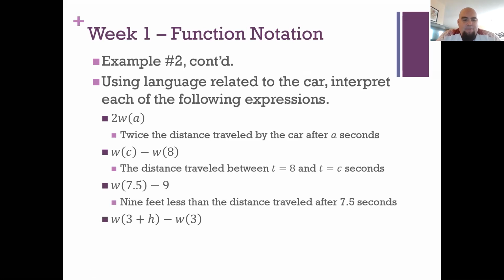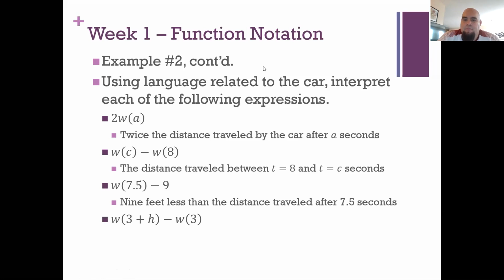And finally, W of 3 plus H minus W of 3. Michelle Wen says, change in distance over any time interval beginning at 3 seconds. I really like Michelle's answer, but I think it's missing one key idea for me.